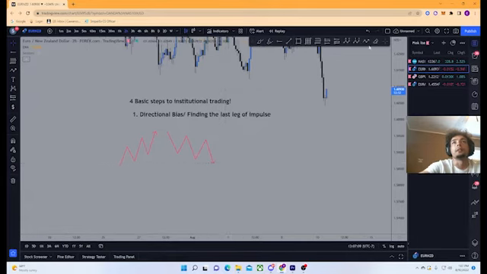Then we have a downside reversal where we're going to the upside, but then take out these last lows, retrace, and continue to the downside.